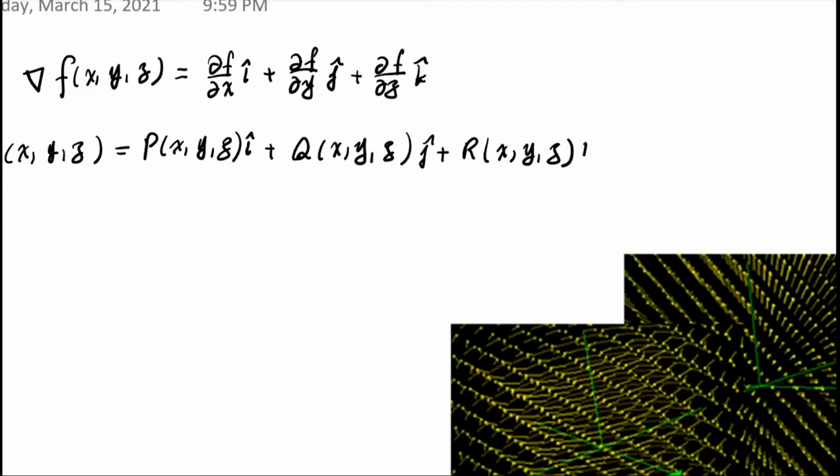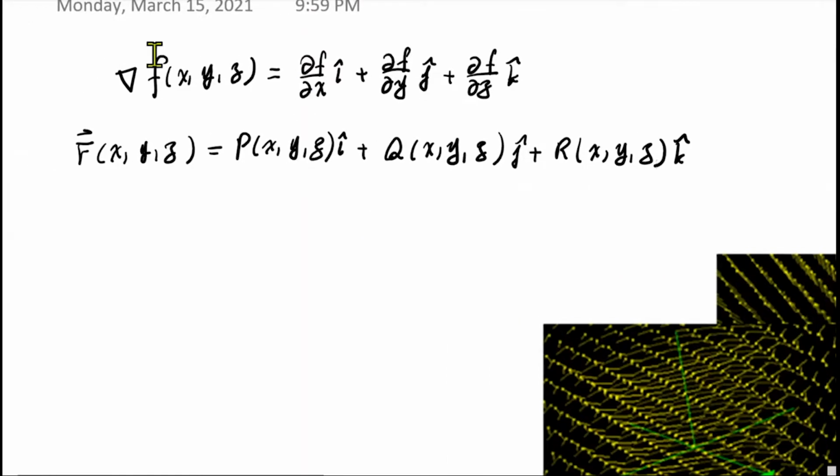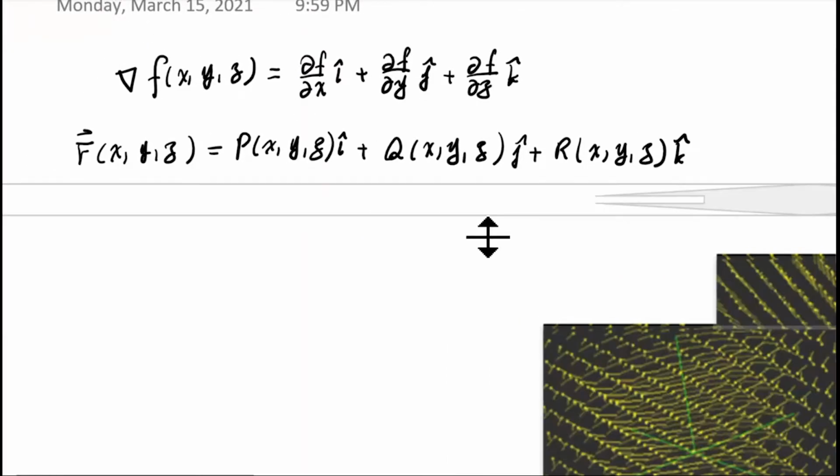A prime example of this is your tornado. You remember the x component, y component, and z component put together. If you have this, how do you take a derivative of it?